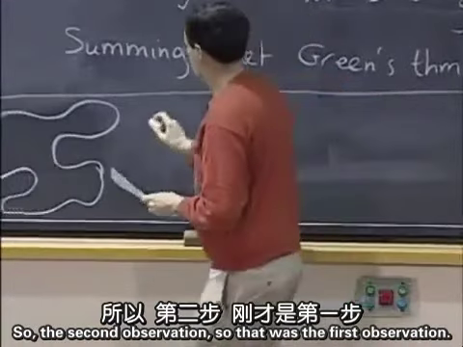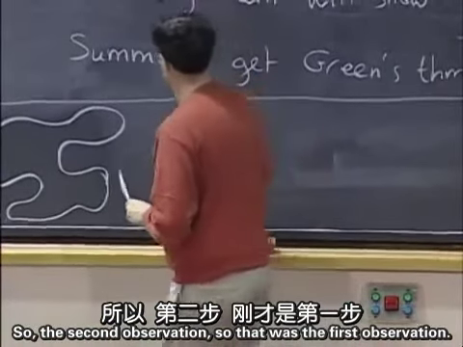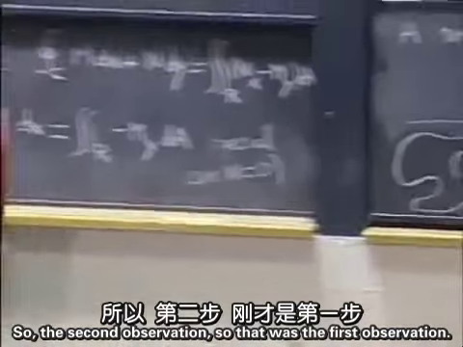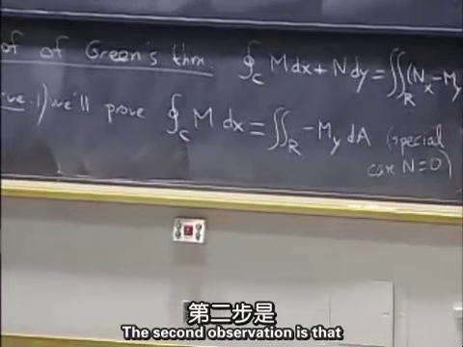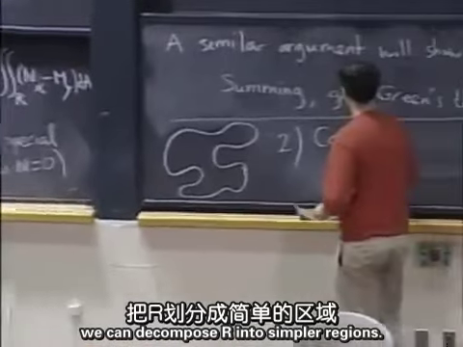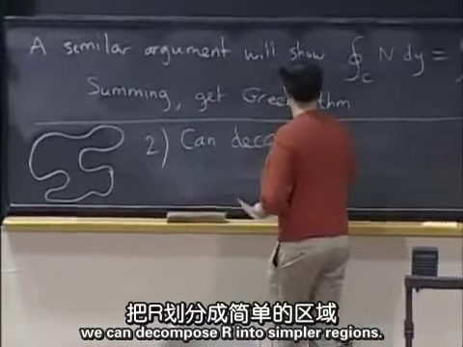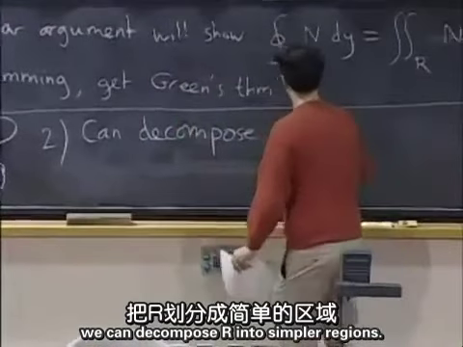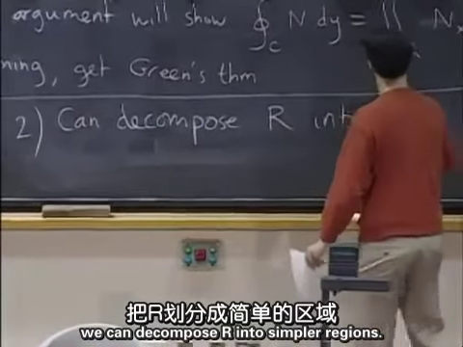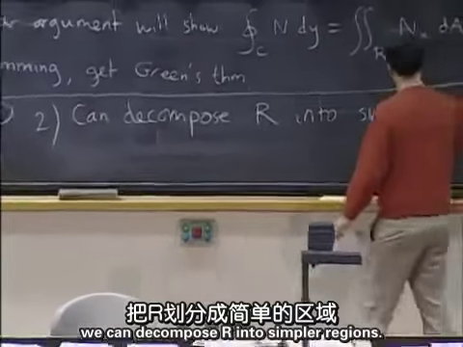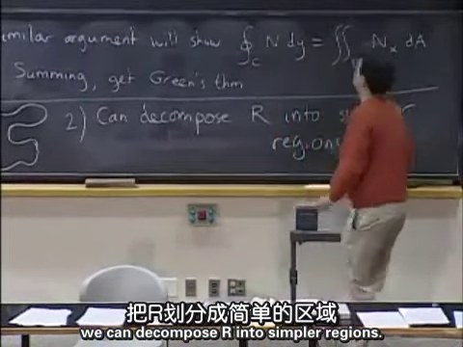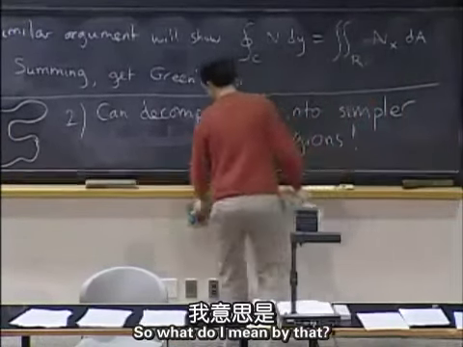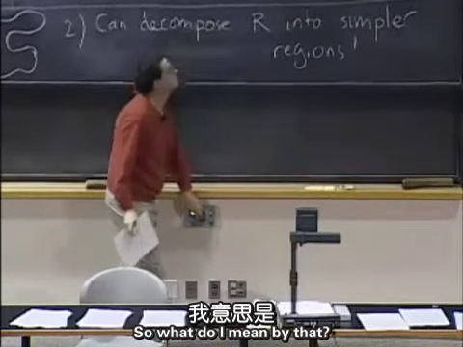So the second observation, so that was the first observation. The second observation is that we can decompose R into simpler regions. So what do I mean by that?